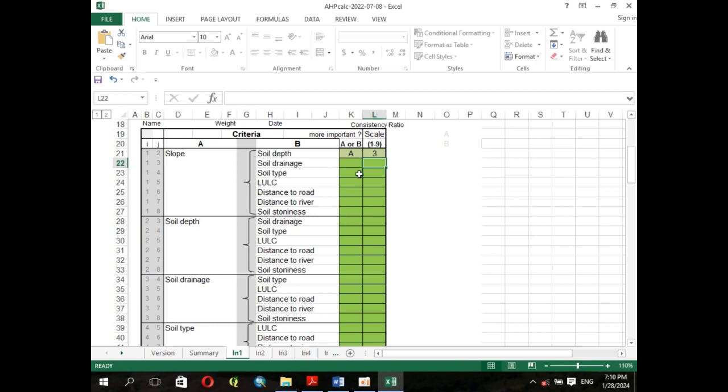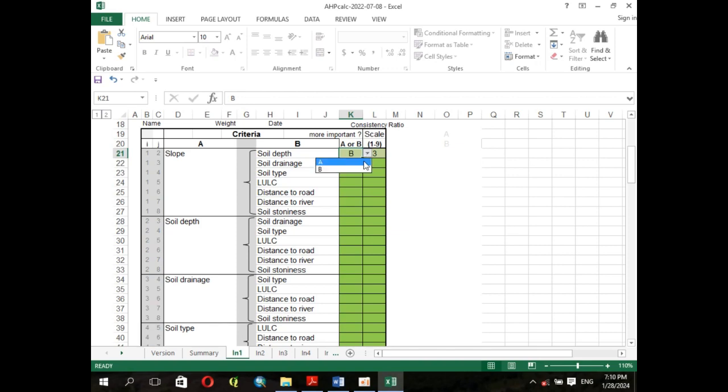I am saying that this slope is moderately more important than the soil depth when I give 3. And if I reverse this, A to B, the soil depth is moderately more important than the slope for surface irrigation suitability mapping.